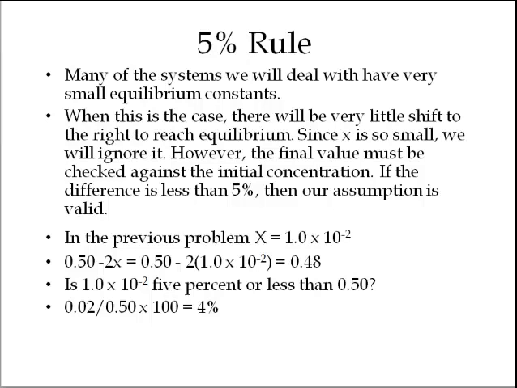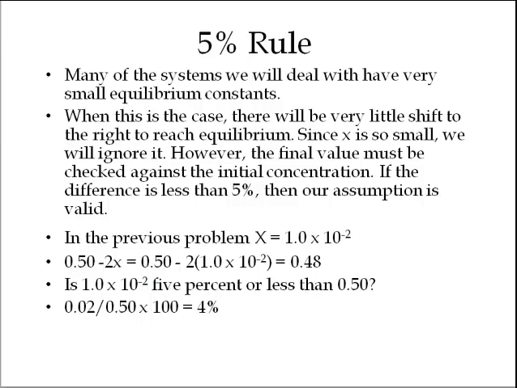The nice thing about the AP curriculum is they usually don't give you a problem where the 5% rule doesn't apply. If it doesn't apply, then what we would normally do is work out a quadratic equation and solve for x that way. But I can tell you right now that that's not part of the AP curriculum. But those of you that move on to take college chem or another advanced chem, you will definitely be using a quadratic equation to solve for x.